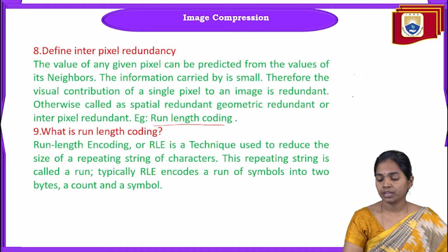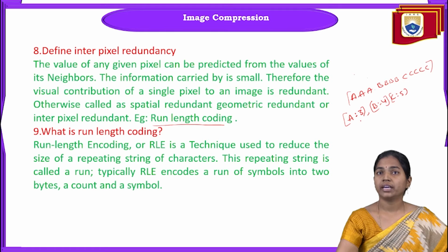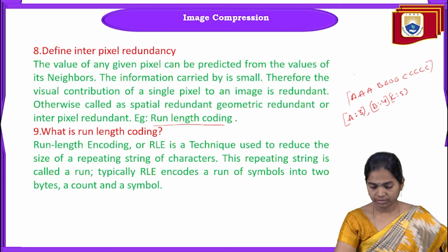So here we have A, A, A, B, B, B, B, C, C, C, C, C. To represent the data we are transmitting with run length code: A is 3 times, B is 4 times and C is 5 times. Like this we can encode the data with the use of run length coding.